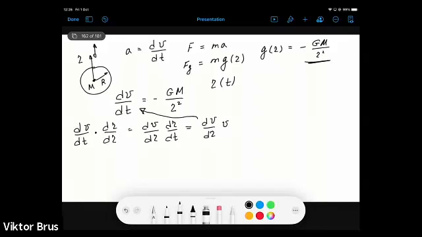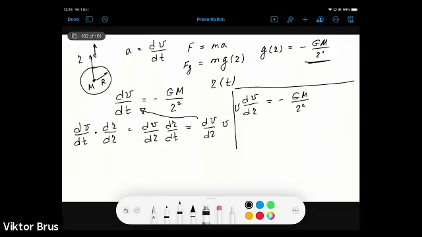So let us write it down. Like v times dv over dr is equal to minus G times mass of the planet divided by r squared.